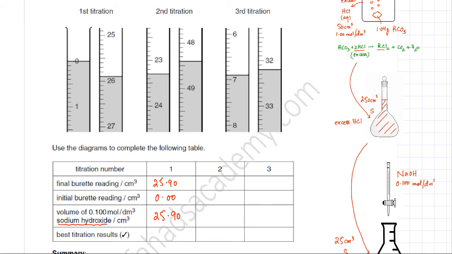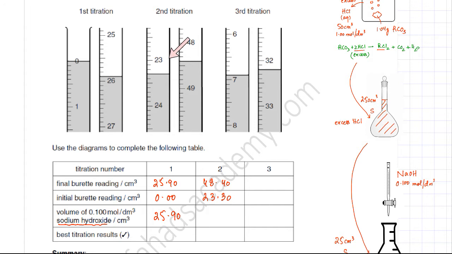Moving to the second titration, the experiment is repeated, and the initial burette reading shows 23.3 cm³. So that's 23.30 cm³. The final burette reading is 48.40 cm³. And now we're going to find out what is the amount of NaOH that has been added.